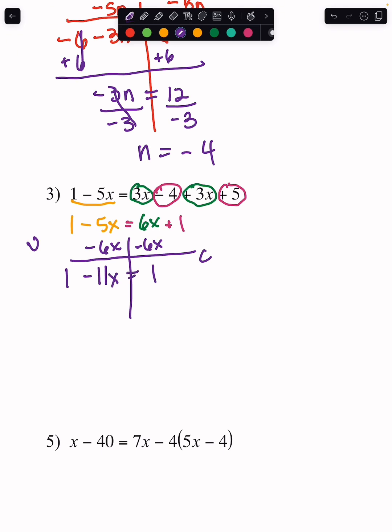Right now, we're at a two-step equation. Next, I'm going to subtract 1 from both sides to get all my constants over there, because we only want variables on our left. That's going to cancel, that's going to cancel. So I have negative 11x equals 0. This is a one-step equation. Divide by negative 11.